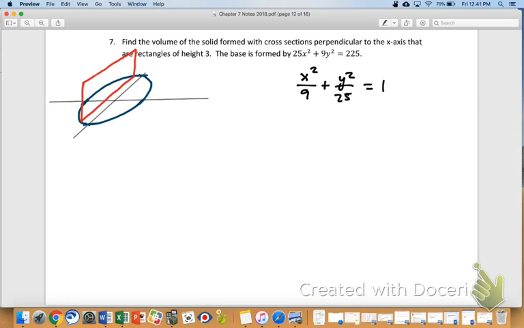Does that seem like a reasonable representation?